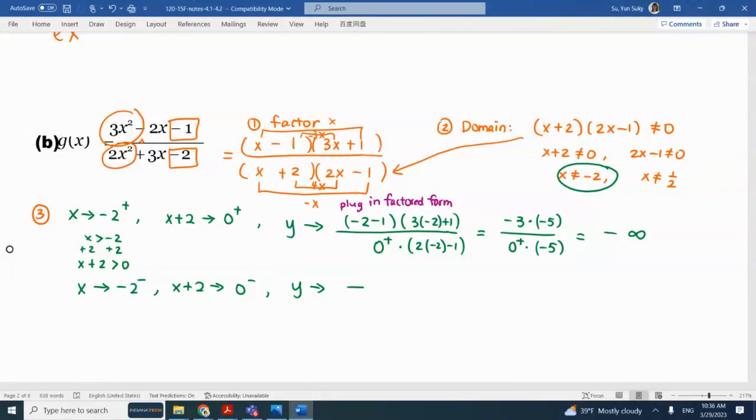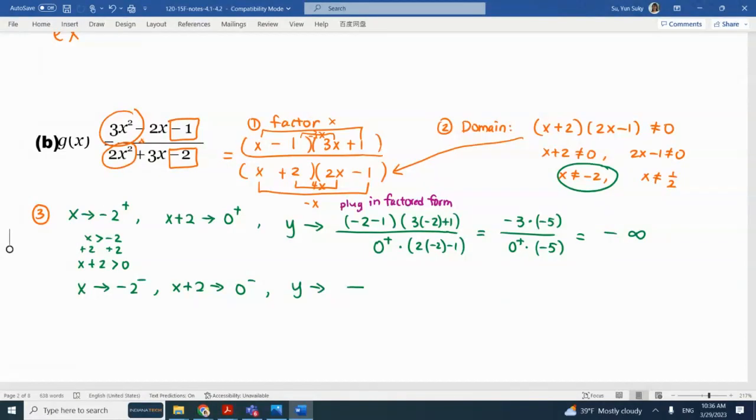When we plug in -2, will this factor change? When we plug in x as -2 from the left, this factor remains the same. And this factor remains the same, right? And then this, instead of 0 plus, we have 0 minus. And this factor will remain the same, right, everybody?